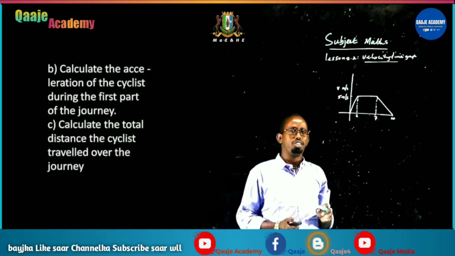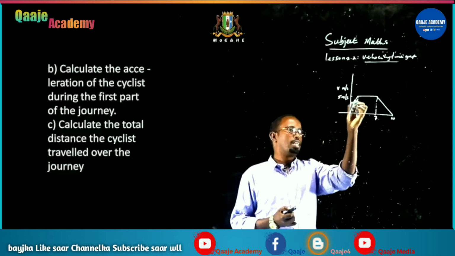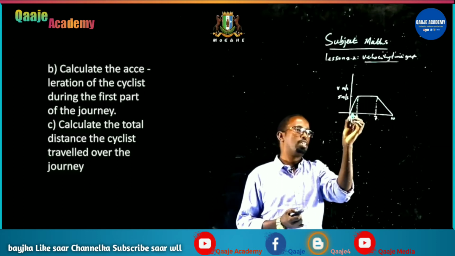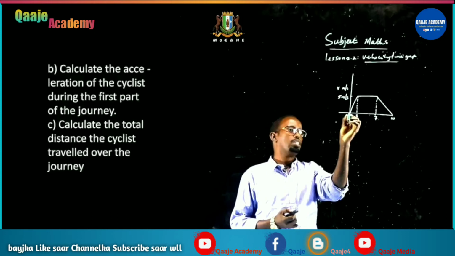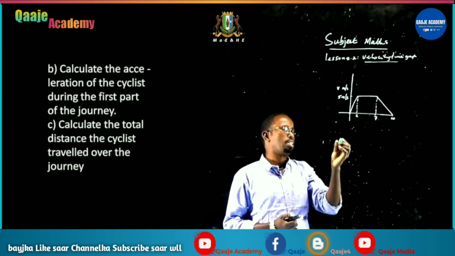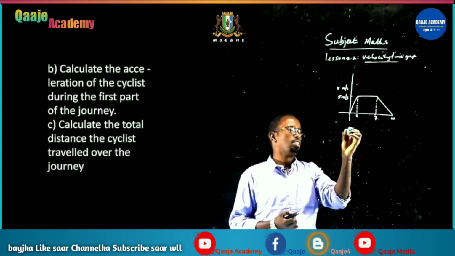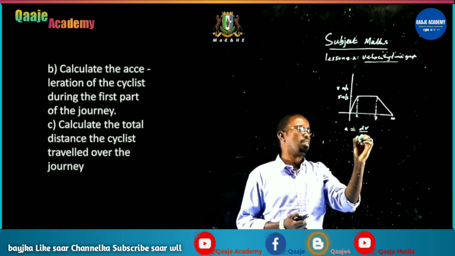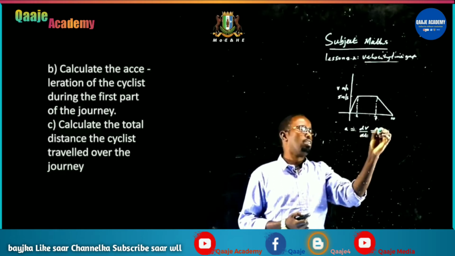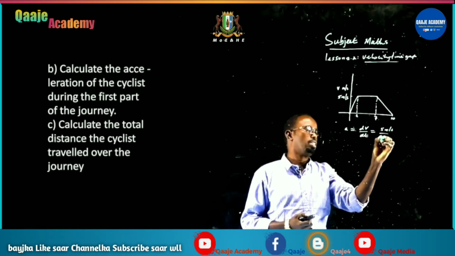Calculate the acceleration of the cyclist during the first part of the journey. The acceleration for the first part of the journey, that is the first 2 seconds, this is our initial. So acceleration here is equal to change in y divided by change in x. So acceleration is dv divided by dt. So therefore you have 5 meters per second divided by 2 seconds.